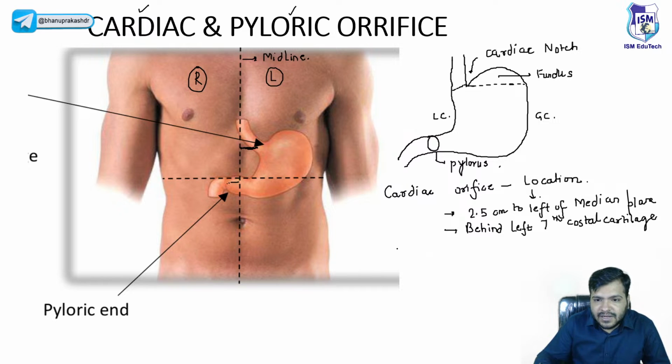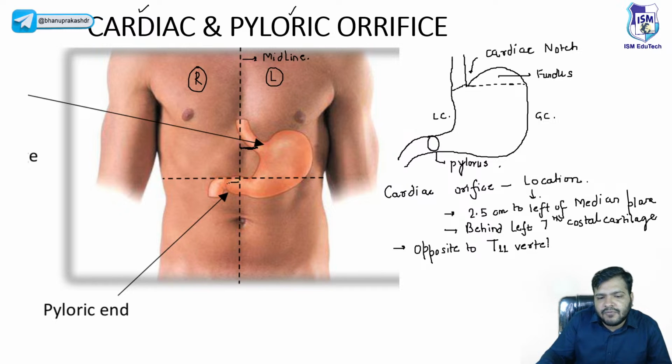After that, beta, you should remember one more point. It is opposite to the T11 vertebra. One more landmark you can remember: it is 40 centimeter from the incisor teeth.